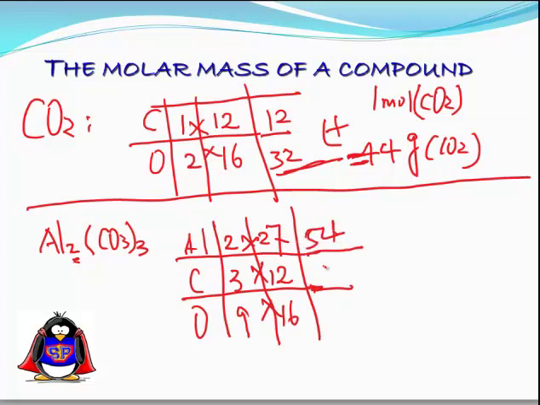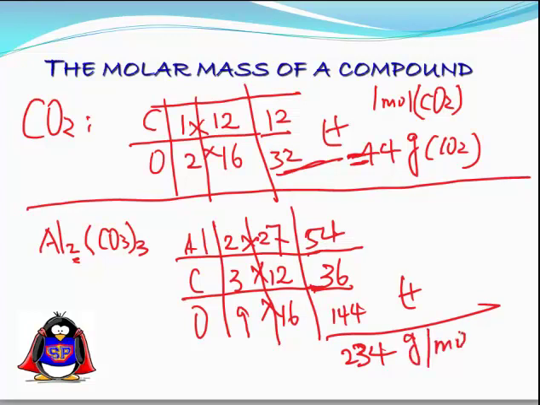It's 54, 36, and 144. Add all this together will give you 234 grams per mole. Okay, so it's 234 grams per mole. That's the molar mass for the aluminum carbonate compound.